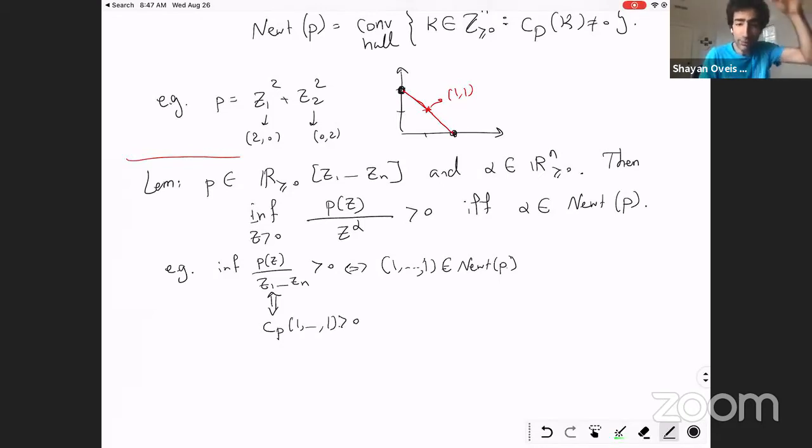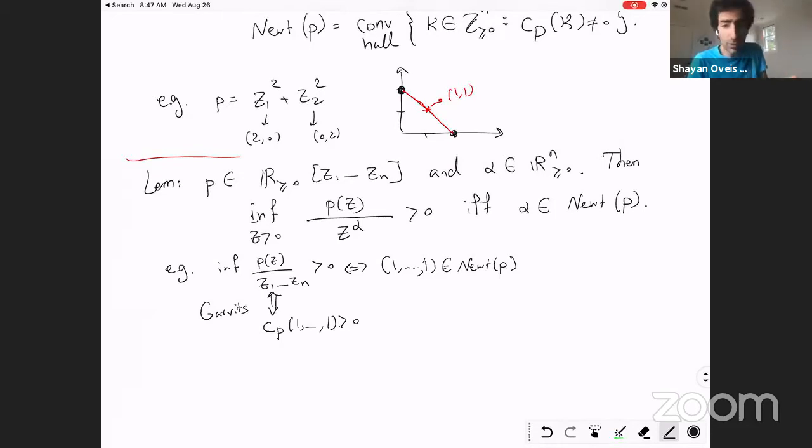So if you put these two together, this is Gurvits's theorem. It says that the point (1, 1, 1, 1) is in the Newton polytope of my real stable polynomial P if and only if the coefficient of (1, 1, 1, 1) is positive.